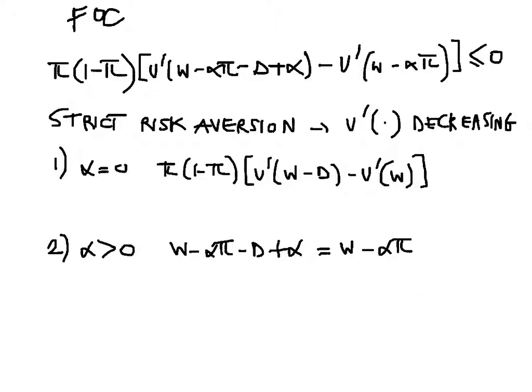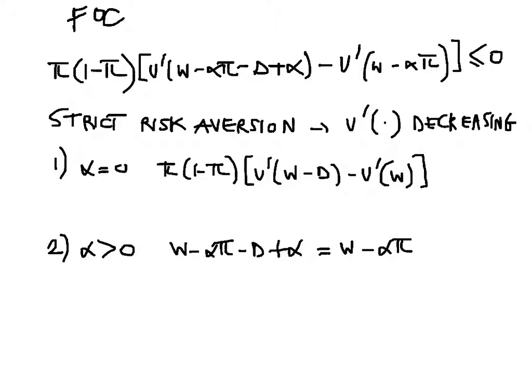And so the first order condition will be automatically satisfied. So in these situations, alpha equal to 0 is a solution, right? We would choose to insure nothing if we either had a probability of loss that was null, or the loss would be nothing. That makes sense.